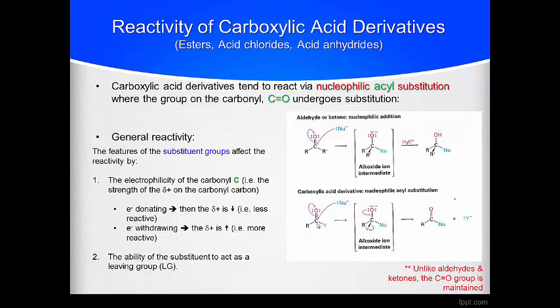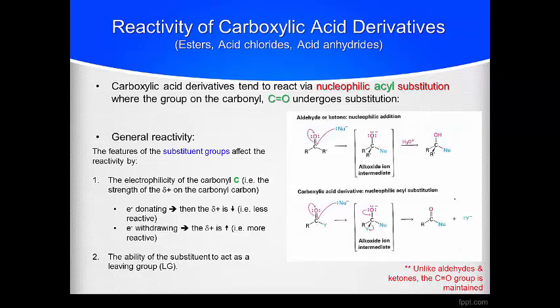So let's think about this. So the carbonyl carbon, we want it to be really positive for that negatively charged nucleophile to come in and attack it. So the more positive we can make this, the more reactive it will be. So if we have a group here that donates electrons into this carbon, it's going to be less positive because it's donating some of those electrons. So if it's less positive, it's less reactive.